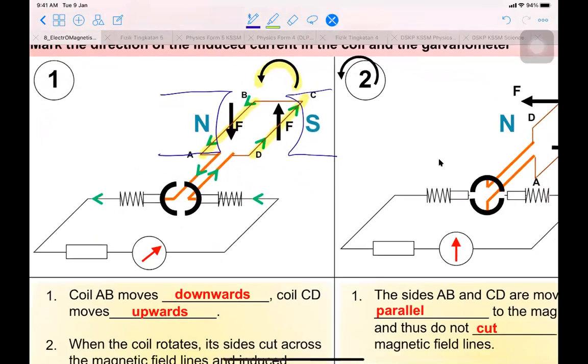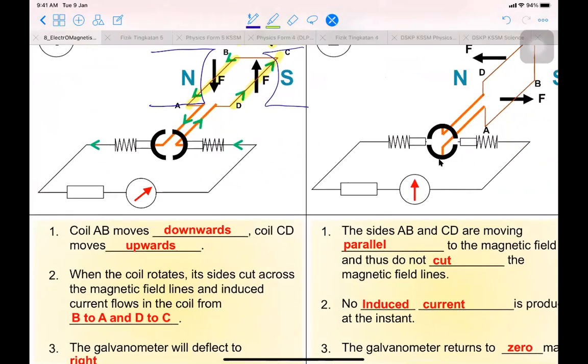Okay, so ini sudah. So when number 2, when the coil rotates, its sides cut across the magnetic field lines and induced current flows in the coil from B to A and D to C. Okay, so it means that in this position, dalam ni position the vertically with the magnetic field, the magnetic flux is cut.